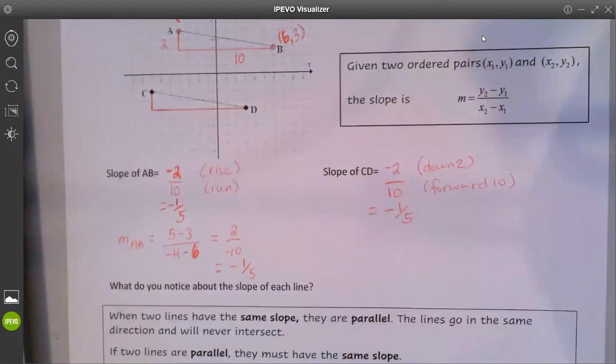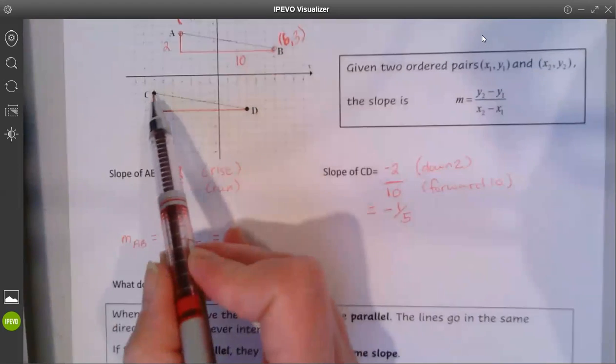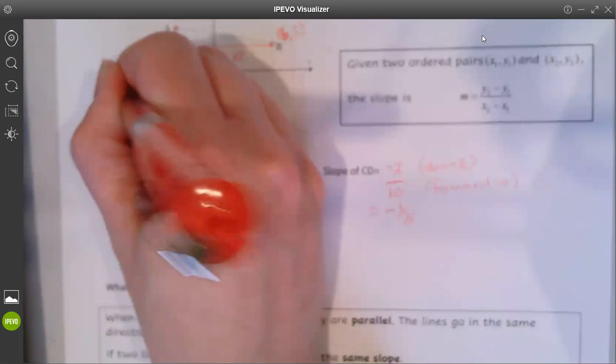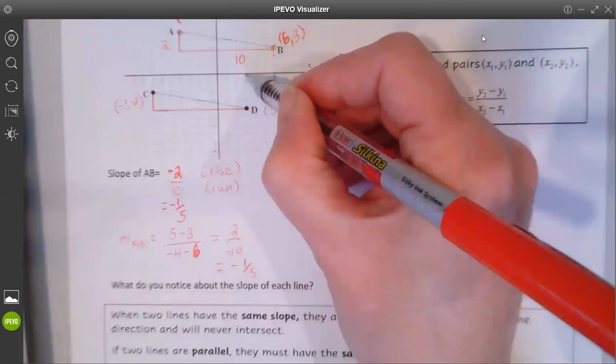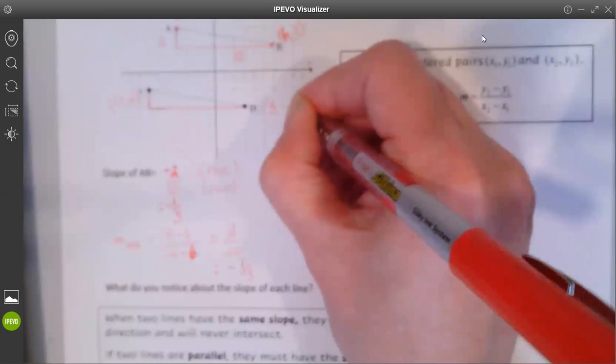We can repeat the process using the ordered pairs. So the coordinates of point C are -7 and -2. And the coordinates of D are 3 on the x-axis and down 4, so 3, negative 4.